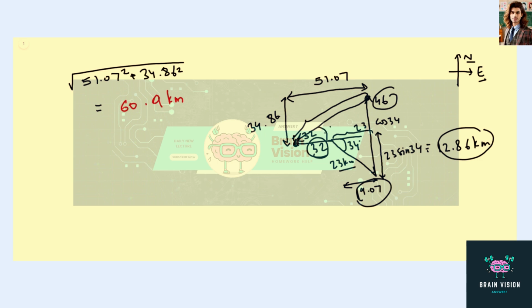So if we find out this angle, which is theta, which would be the same as this angle, theta, we can see that tan theta is equal to opposite side divided by adjacent side, which is 34.86 divided by 51.07.